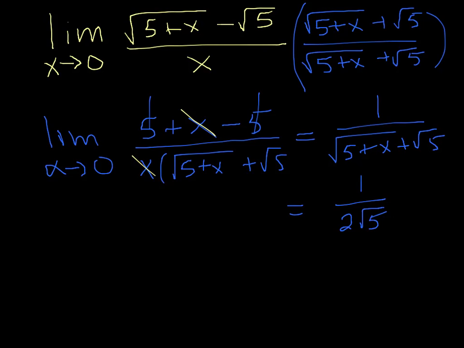Okay? And I could leave that, but if I rationalize the denominator now, then I'd have the square root of 5 divided by 5 times 2, which is 10. So the limit would be square root of 5 divided by 10.